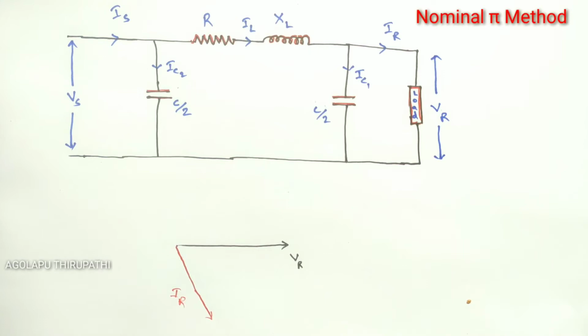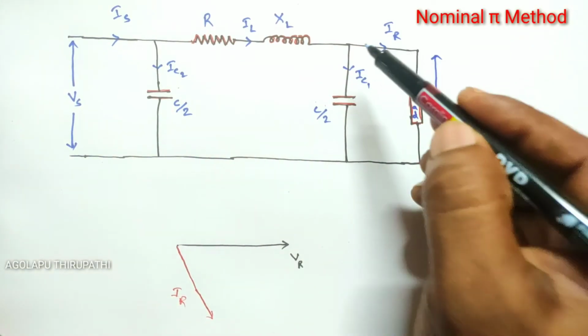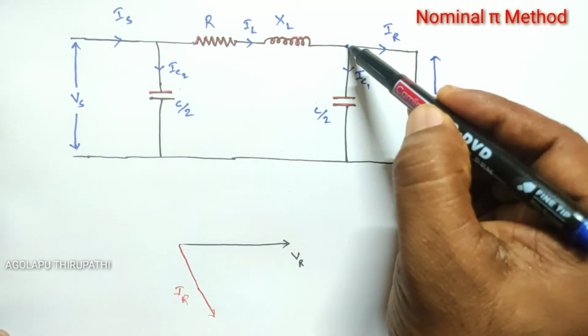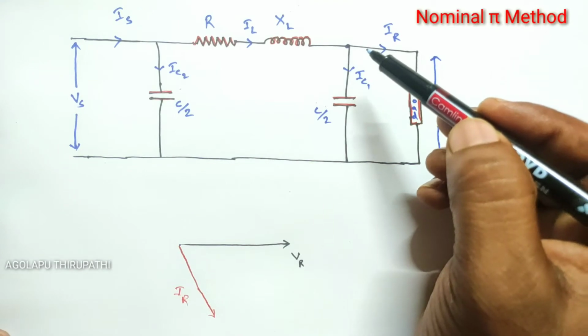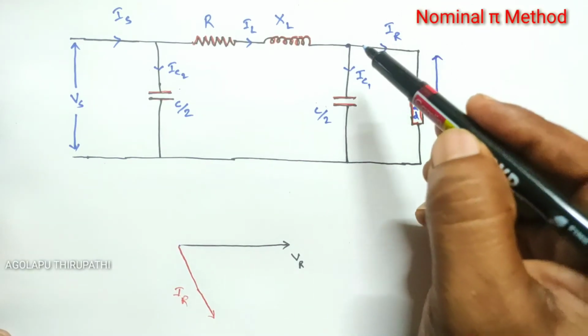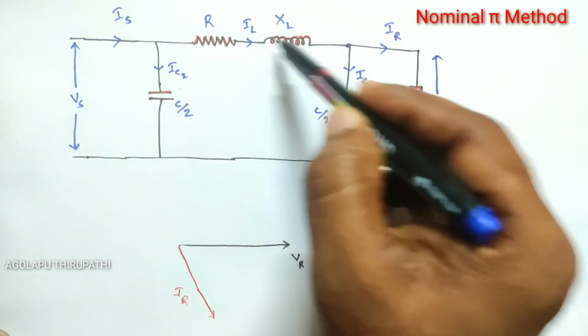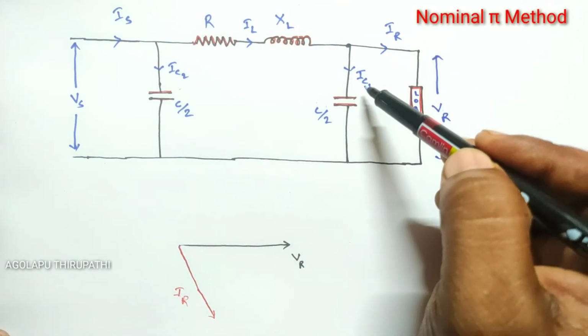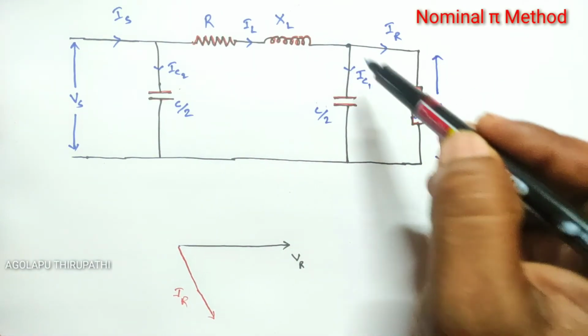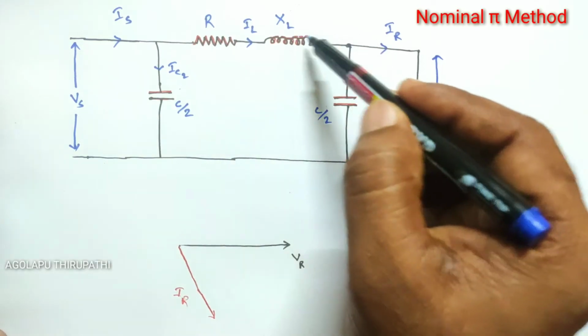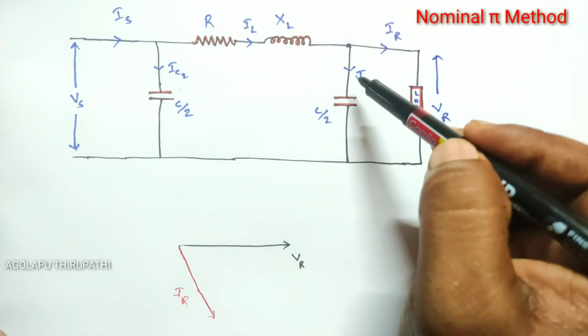Once you see the circuit diagram, at this particular node, if you apply KCL, from the KCL, IL is equal to IR plus IC1, right? What is the KCL here? At any node or junction, the sum of incoming currents is equal to the sum of outgoing currents.